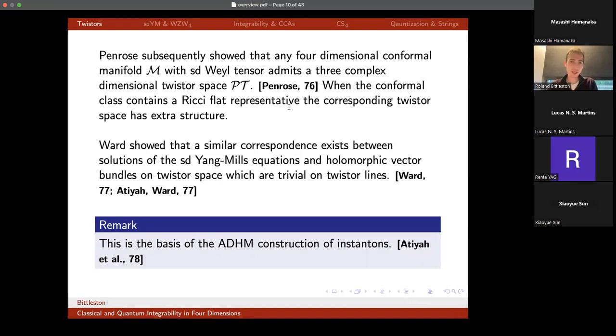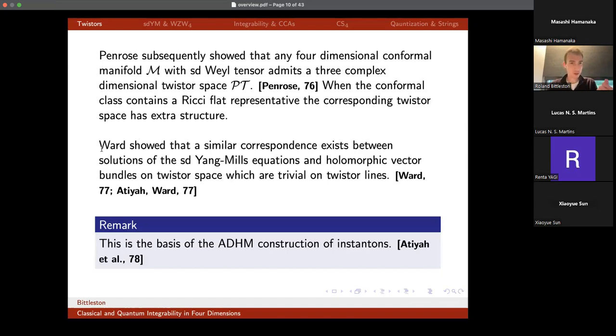And this self-duality condition ensures that the almost complex structure that you get on the twistor space is actually integrable. Furthermore, if the conformal class of this manifold contains a Ricci flat representative, so that this is a self-dual Einstein manifold, then you can characterize the twistor spaces for manifolds with that extra structure. And again, that's going to be very important tomorrow, but it won't matter for today's talk.